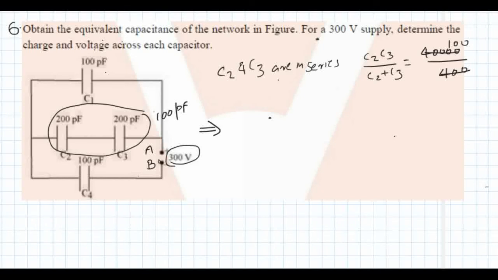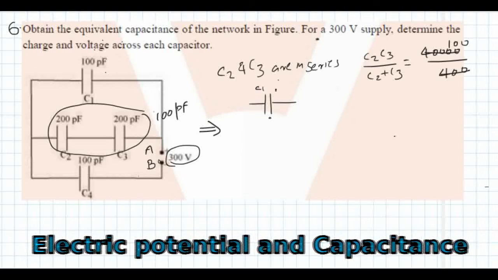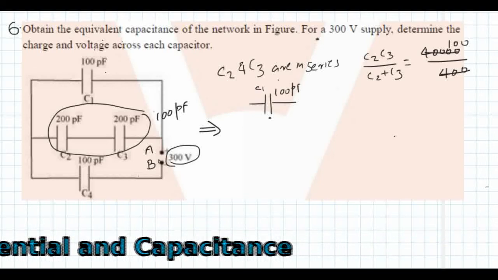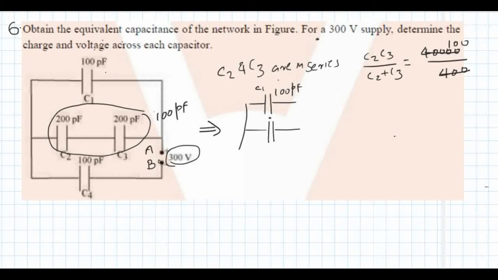So we can redraw this diagram like this. 100 picofarad is here. This is our C1, 100 picofarads, right? And now the effective of this part is again 100 only, right? So this is equal to 100 picofarads. Then previously there is C4, right? So this is C1, now this is C4, and this is our new, suppose this is C5.